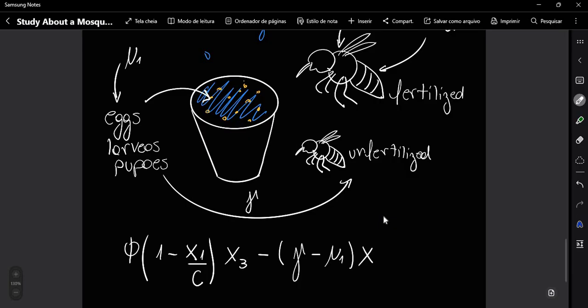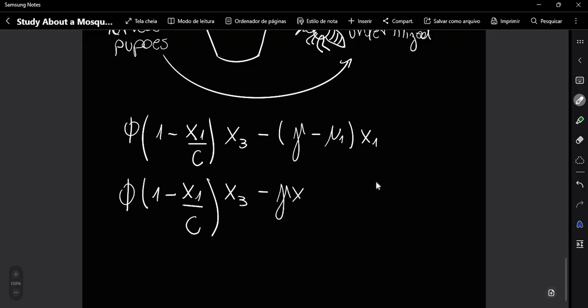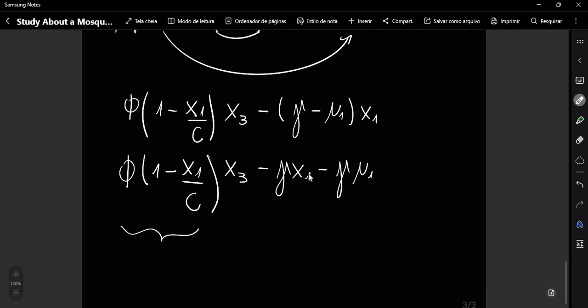And this is of this first stage, the aquatic phase. And we can expand this just to see. So it's gamma times x1 minus gamma times mu1.